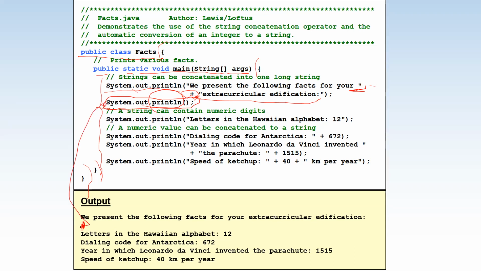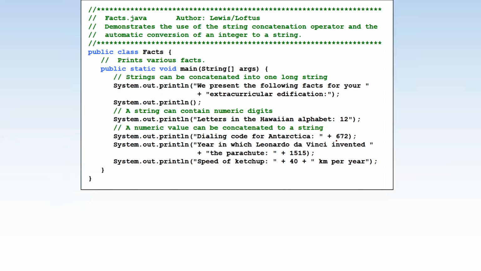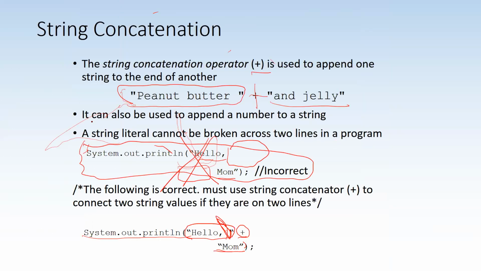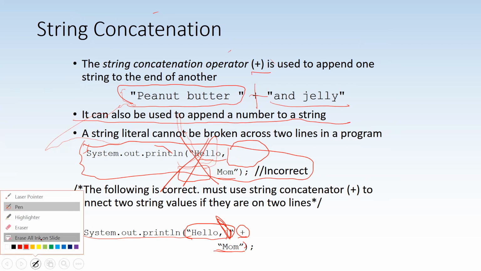Then this one is just one string, printed out. And this is a string literal concatenated with a number. Going back, it says it can also be used to append a number to a string. And that's what that is.